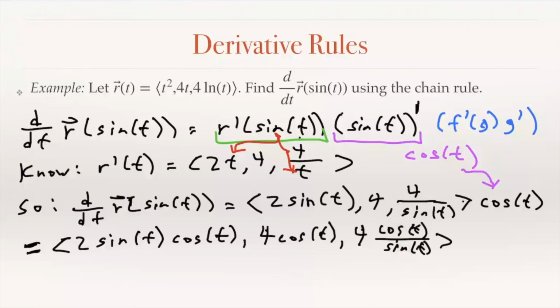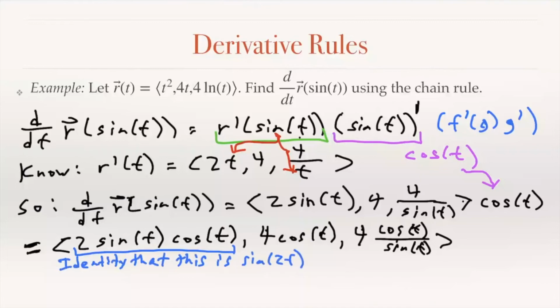And this guy, it's a double angle identity, that this is sine of 2t, which is a much nicer expression. Okay, and we know that this guy is cotangent of t.